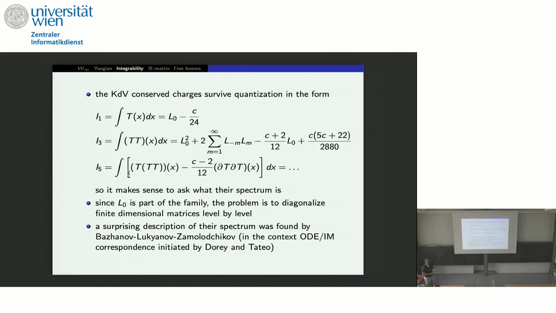So you pick your central charge, you choose your primary, and then level by level you get bigger and bigger matrices. And you can try to see if there is any way to diagonalize, hopefully all of them. And BLZ found a way to describe the spectrum in the context of the ODE-IM correspondence that was initiated by Dorey and Tateo.